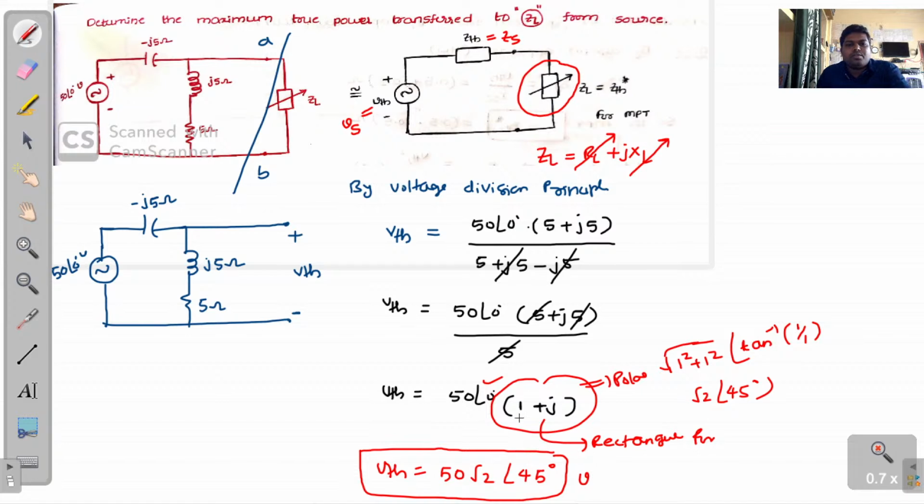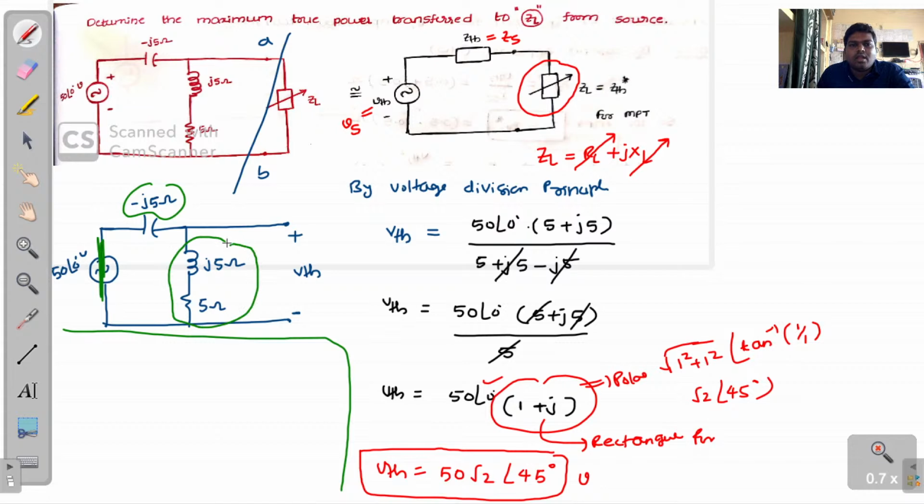Okay, next you need to find R Thevenin. How do you find it? You make the source short circuited. Then this minus j5 ohm and this 5 plus j5 ohm are both in parallel.